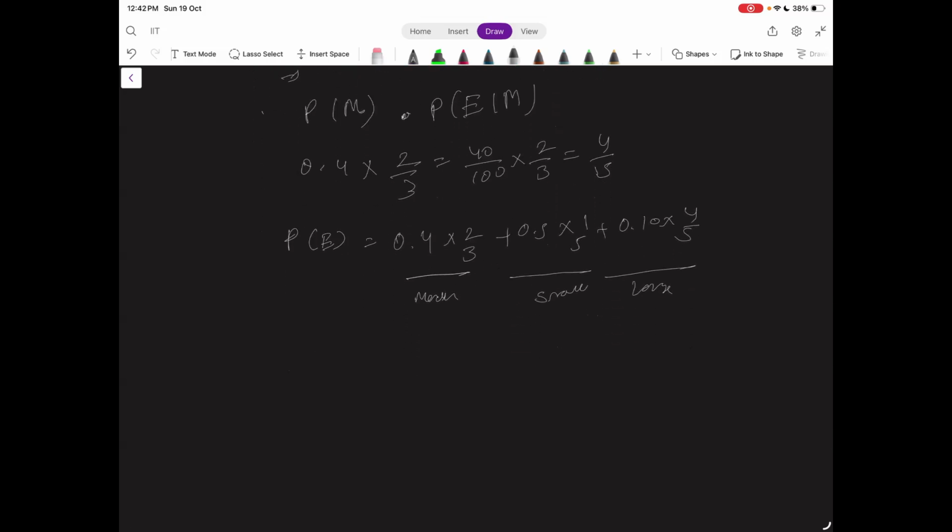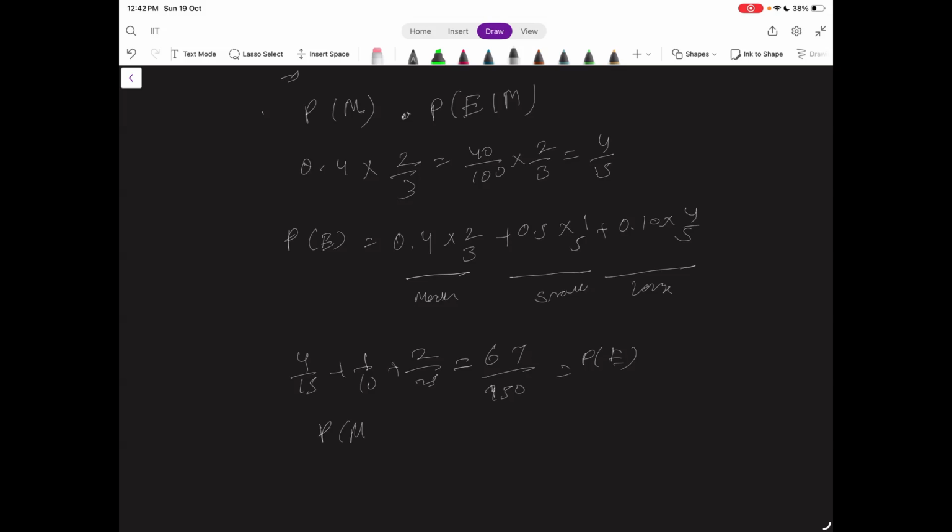If you add all of these as fractions, 4 over 15 plus 1 over 10 plus 2 over 25, this gives 67 over 150. So the probability of extra is 67 over 150.